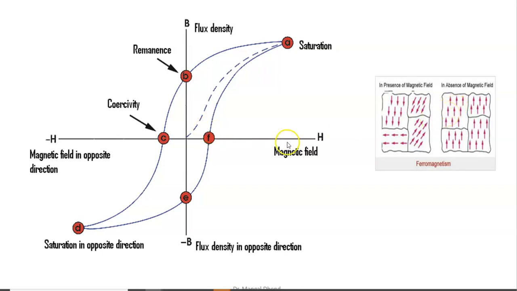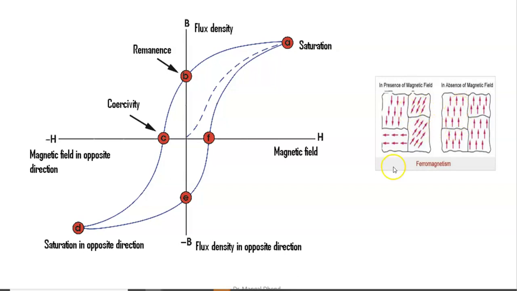When the force is sufficiently large, the majority of the dipole moments will be oriented in the same direction. After that point, even if I change the magnetizing force, there will be no increase in flux density. Initially, when I change the force, more and more dipole moments become oriented in the direction of the field.